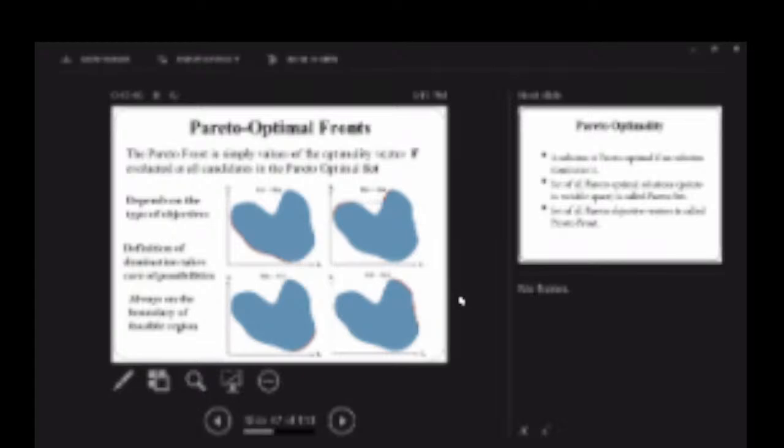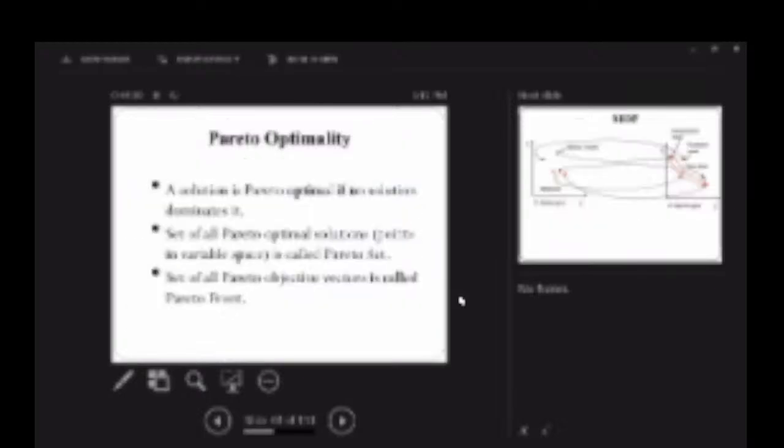Similarly, if F1 is min and F2 is max, the upper left corner gives you the Pareto front. If it is max-min, then the lowest right corner gives you the Pareto front. And if both are maximizing, then this is your Pareto front. Okay, this is the general concept.